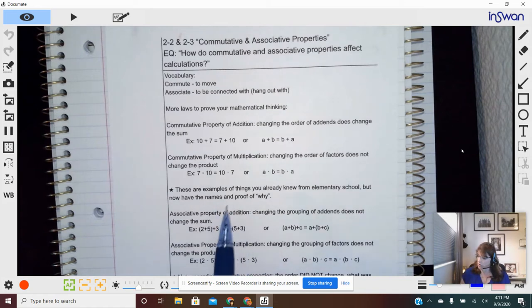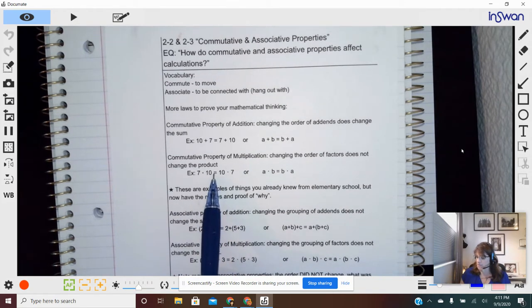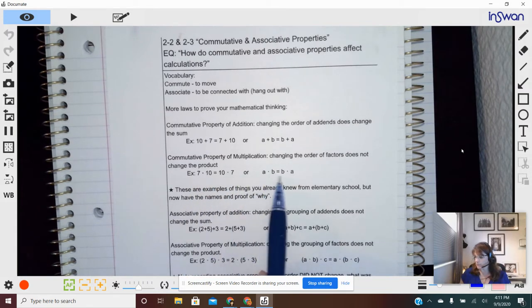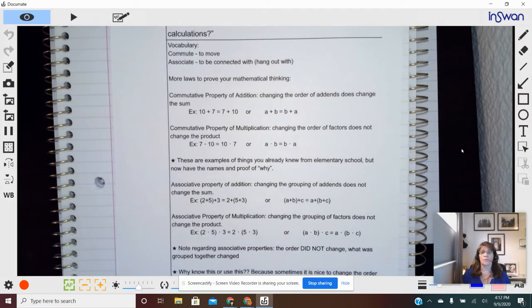The commutative property of multiplication says I can change the order of what I'm multiplying, but it doesn't change the product. We can put things together in any order we want. So think about that. The fact that it's multiplication and addition, we're putting things together in any order we want. So what we're learning now is the why.